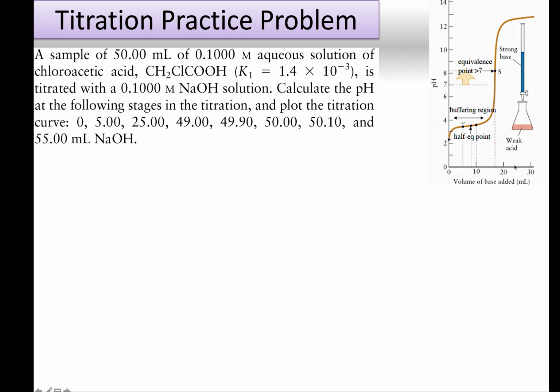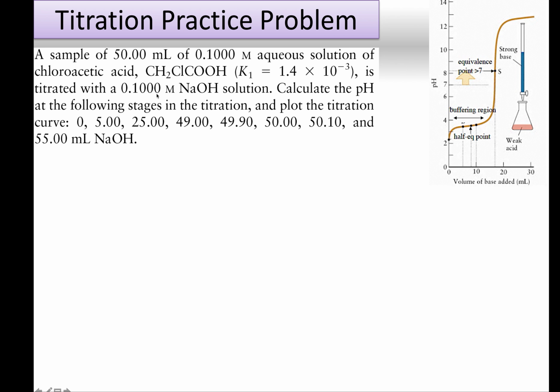So the pH is really registered for your sample. The volume that you're adding here in this axis is the volume of the titrant that you are putting into this flask. For this particular problem, we have a weak acid. Look at the Ka value, lower than 1. We're also given its concentration and initial volume for this flask.